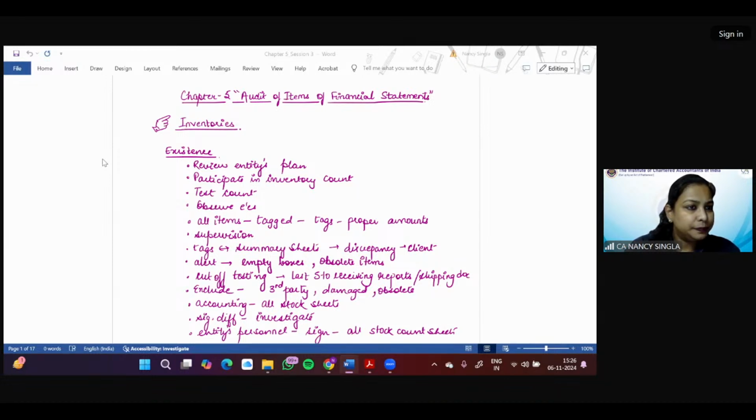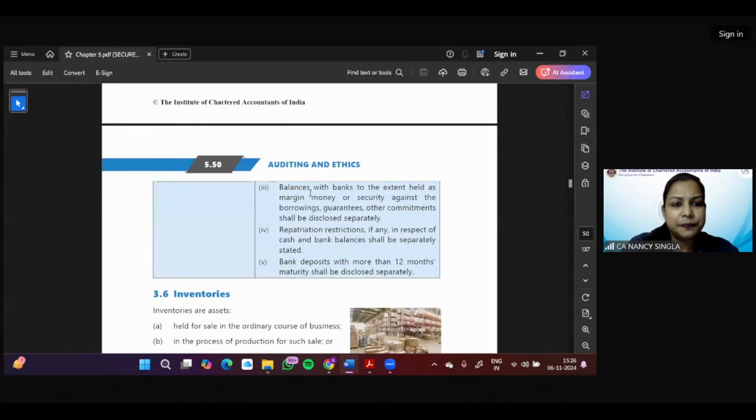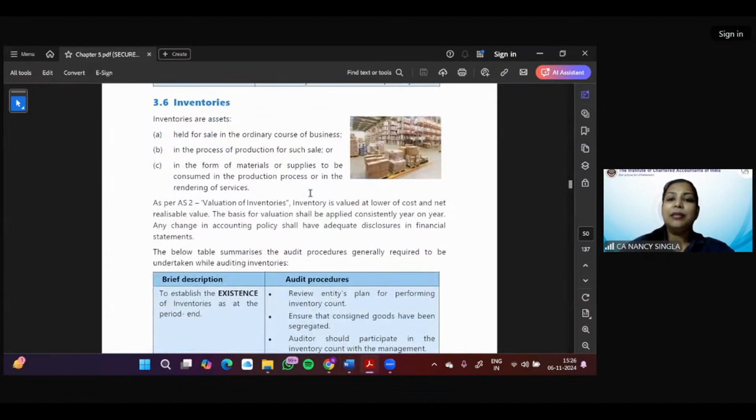Swati, Sukaina, Om Krishna Gupta, Bhumika, absolutely correct. See, the inventories are basically the assets which are either held for sale in the ordinary course of business, that is your finished goods, or in the process of production for such sale, that is your work in progress, or in the form of materials or supply to be consumed in the production process, that is your raw material, right?